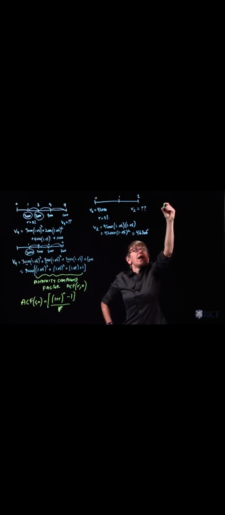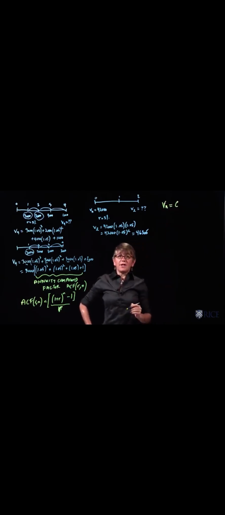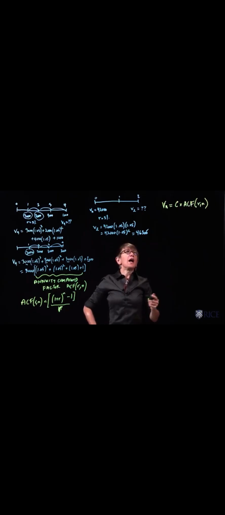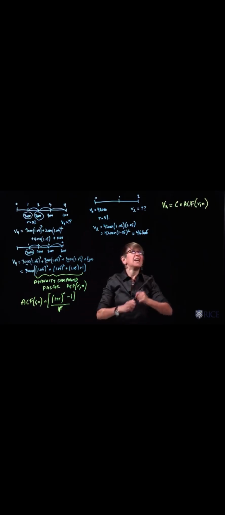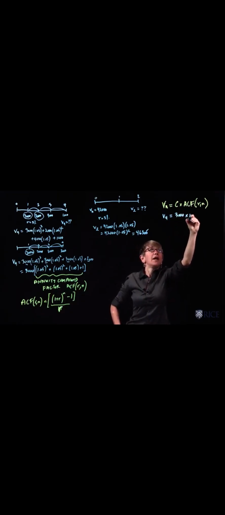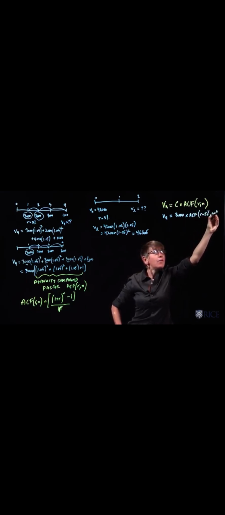The future value is going to be C dollars, the fixed payment, times the annuity compound factor. So in our example, V4 is 3,000 times the annuity compound factor, where r is 5% and n is 4.